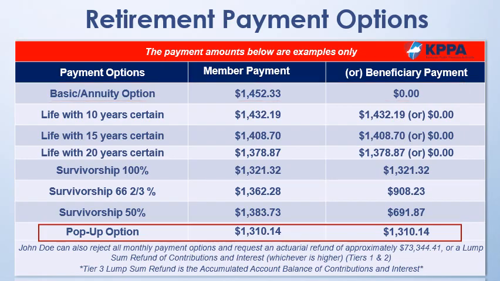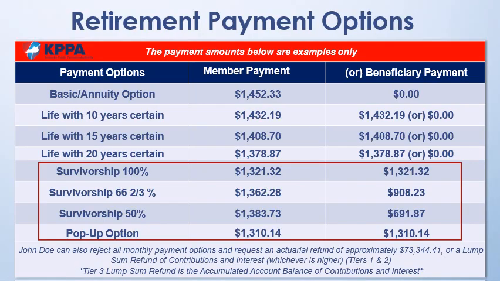So if we look at the example, the member would draw $1,310.14 under the pop-up option. If the member passes away, the beneficiary draws 100% of that benefit. But if the beneficiary predeceases the member or if they divorce, the member pops up to the basic or the annuity option in the amount of $1,452.33 per month.